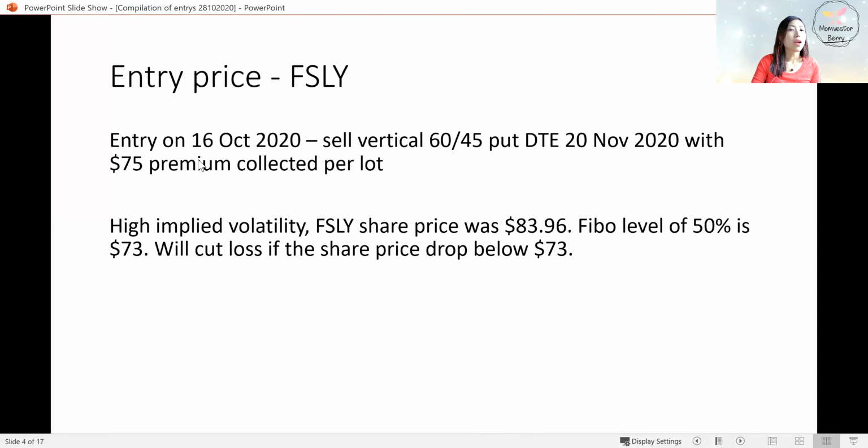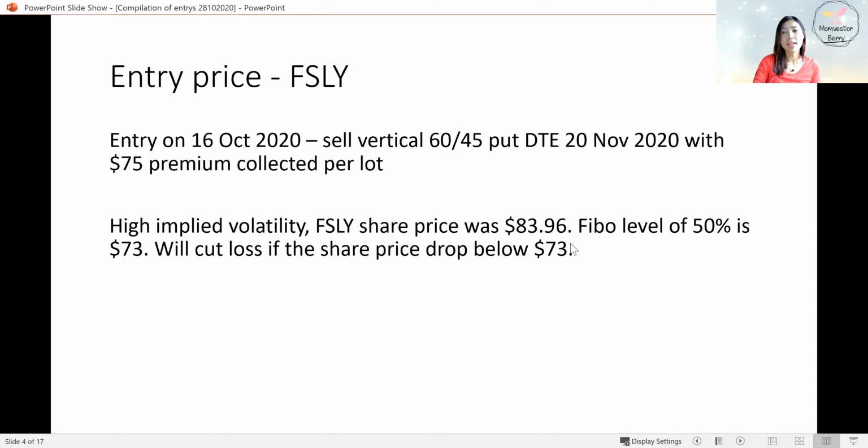My entry was on the 16th of October. I sold a vertical put. That means I sell the 60 put and I buy the 45 put, expiry on the 20th of November, with $75 premium per lot size. When I entered, the share price was close to $84.